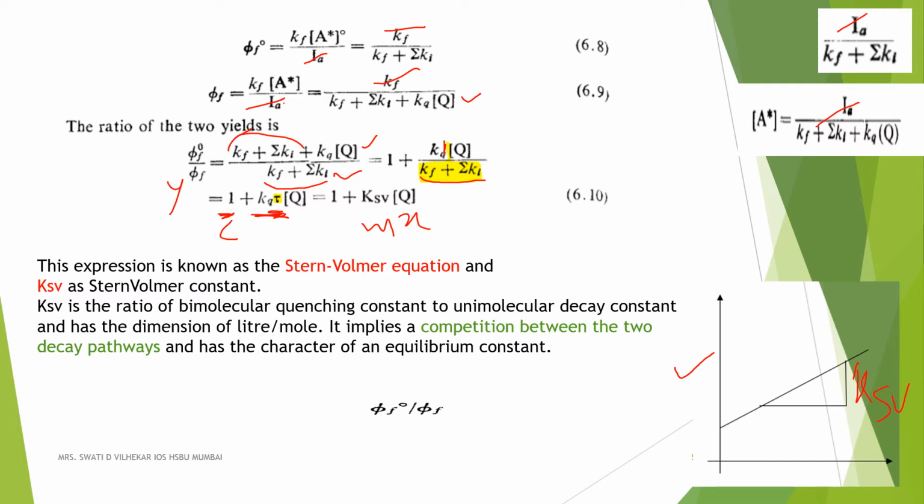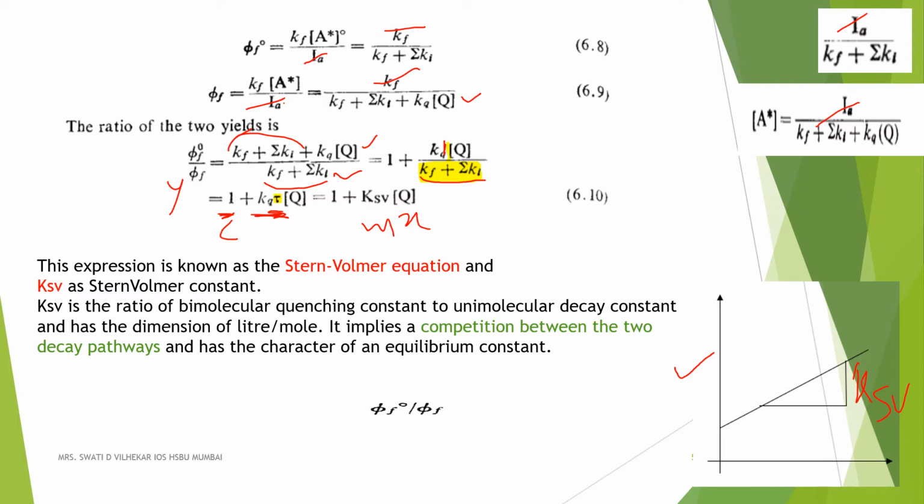As we saw in the earlier slide, when the molecule comes from the higher singlet state to the lower singlet state, it comes through internal conversion as well as intersystem crossing. Those steps are the unimolecular decay steps. So Ksv is basically the ratio of the bimolecular quenching constant to the unimolecular decay constant, and it has the dimensions of liter per mole.